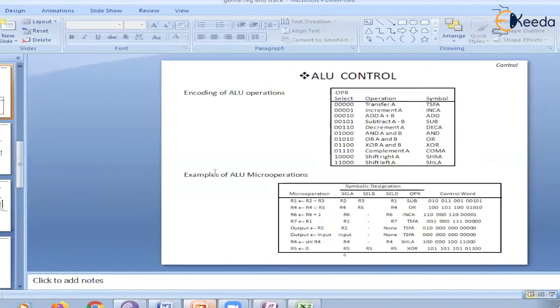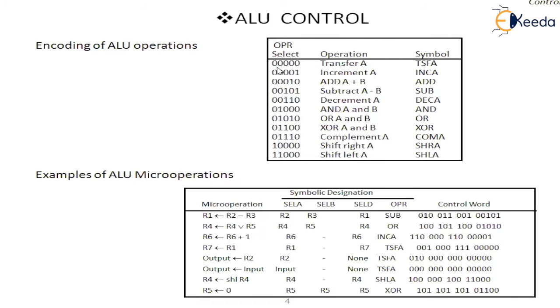Okay, so here in the general register organization, we have seen that when an ALU operation needs to be performed, one of the operation selection inputs must be enabled. You can clearly see the operation inputs.